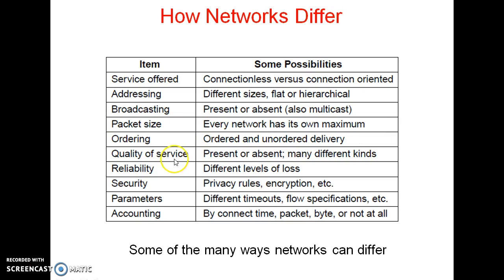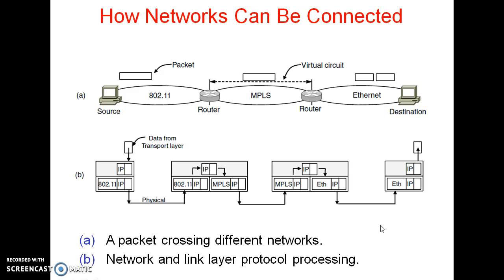Each network has its own maximum. Ordering: ordered and unordered delivery. Quality of service present or absent, many different kinds. Reliability, different levels of loss. Security, privacy rules, encryption. Parameters, different timeouts, flow specification, etc. Accounting by connect time, packet, byte or not at all. Some of the many ways networks can differ.